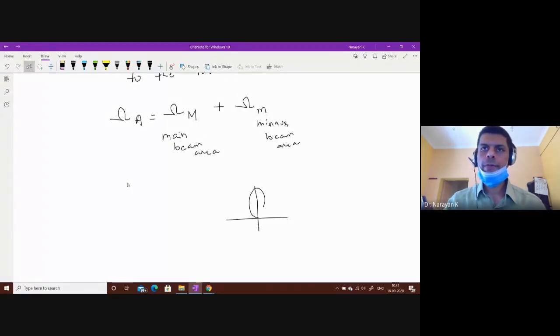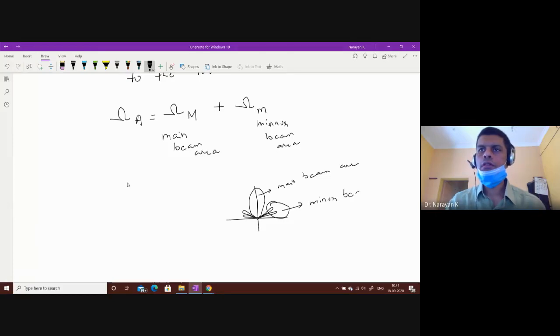So you have a pattern like this. This is your main beam area. This is your minor beam area. So you have two minor lobes here. This is how your radiation pattern will come.